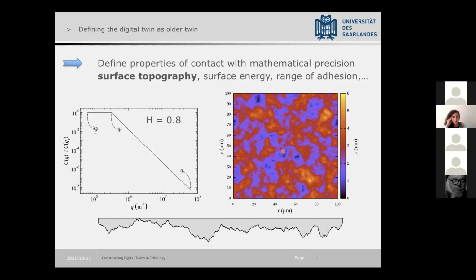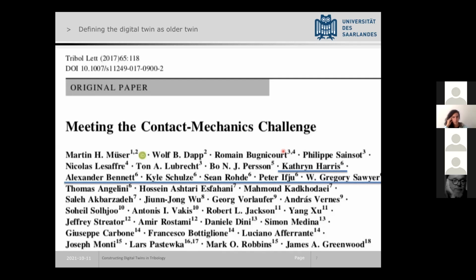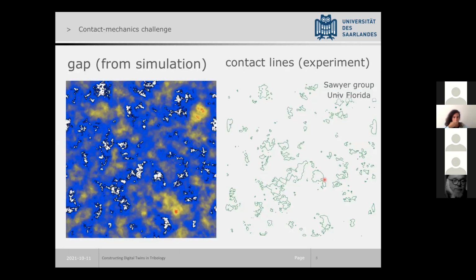And very much to my surprise, there was an experimental group led by Greg Sawyer in Florida, who said, well, we print this stuff and we do the inverse modeling. So they visualized the contact with total internal reflection. And what you see here is a comparison between what Greg's group believed to be the contact lines and what we computed to be the gaps.